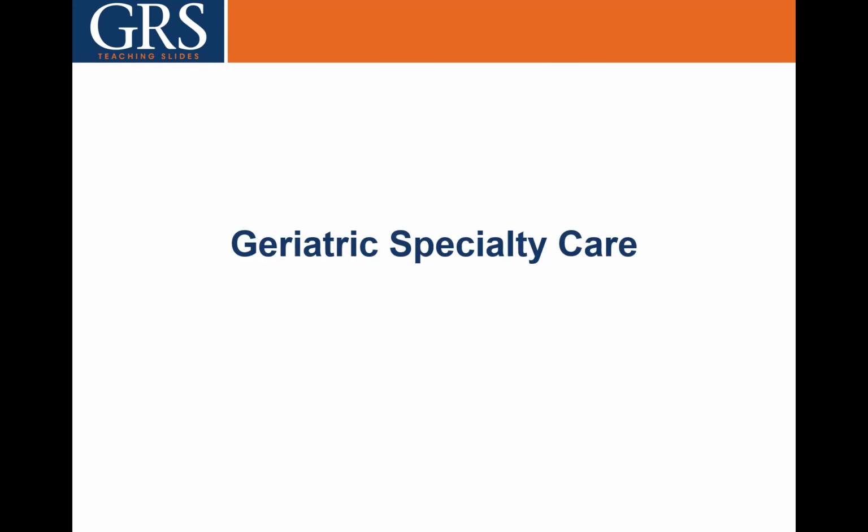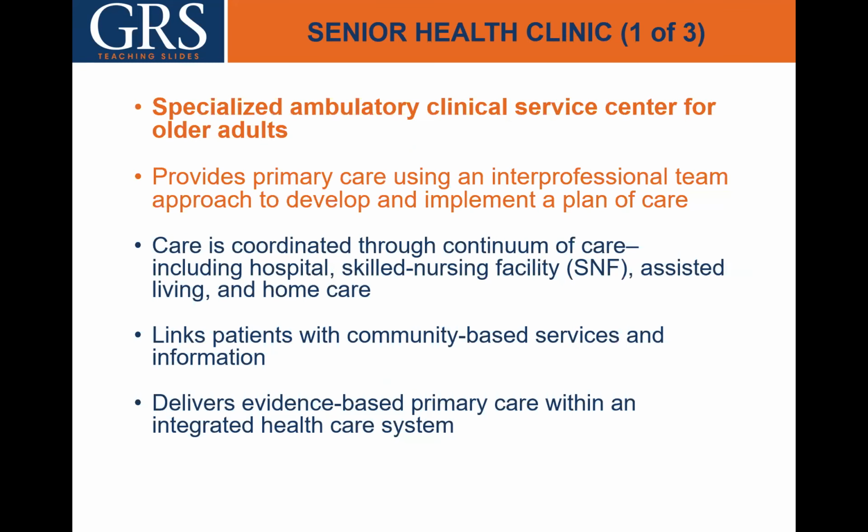For the geriatric specialty care, here we want to introduce the senior health clinic, which is a specialized ambulatory clinic service center for older patients, and mainly provides primary care using an interprofessional team approach to develop and implement a plan of care.